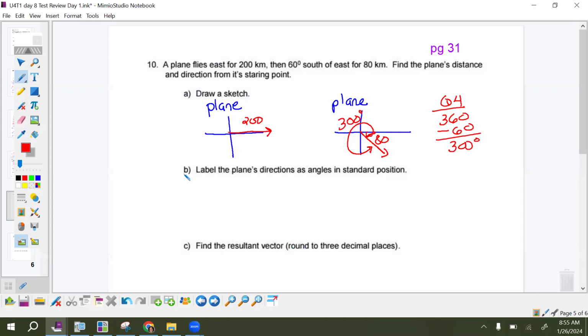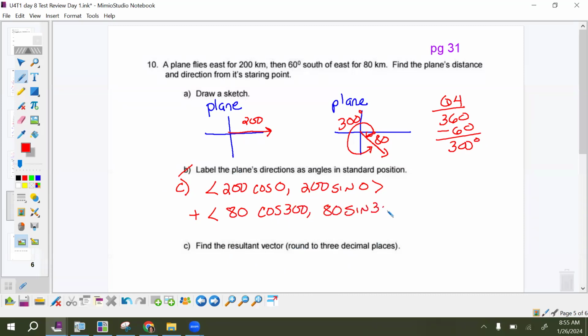Find the resultant vector. All right, let's start part C here. This vector has an angle of 0. So it's 200 cosine 0, 200 sine 0. We're going to add that to magnitude cosine 300, magnitude sine 300. And again, I'm going to take a shortcut. Cosine of 0 is 1. So this component is 200. Sine of 0 is 0, so this component is 0.